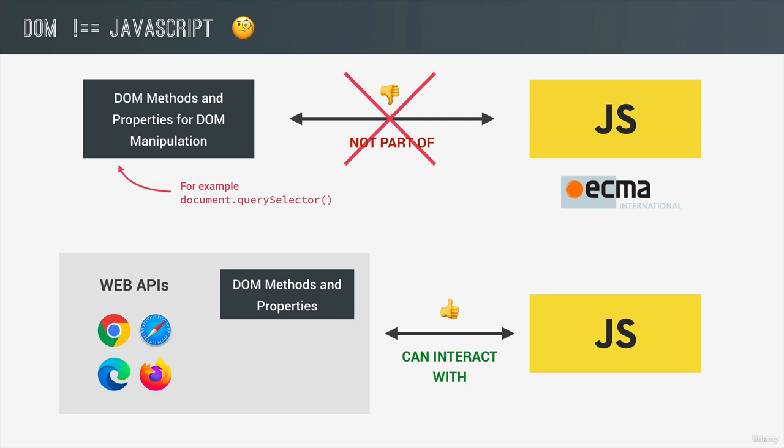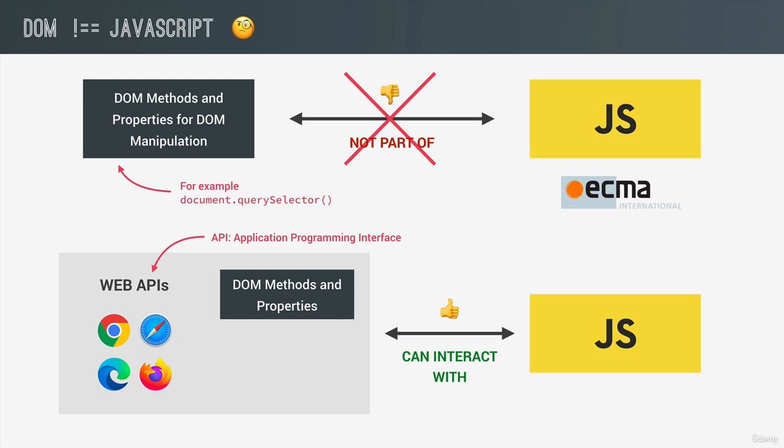And API stands for Application Programming Interface, but more about that later. For now, what you need to know is that Web APIs are basically libraries that are also written in JavaScript and that are automatically available for us to use. So all this happens behind the scenes. We don't have to import or do anything, okay?